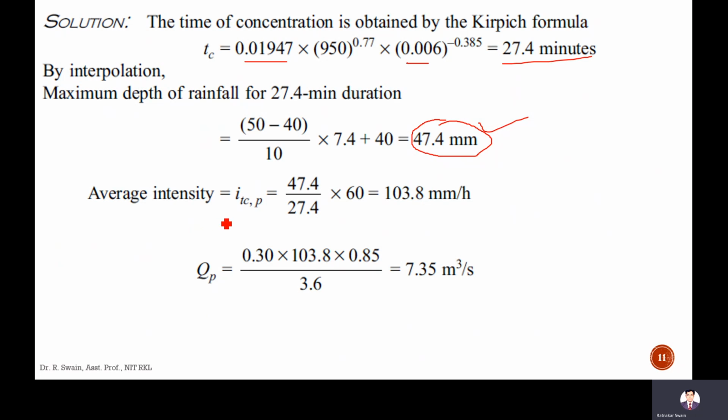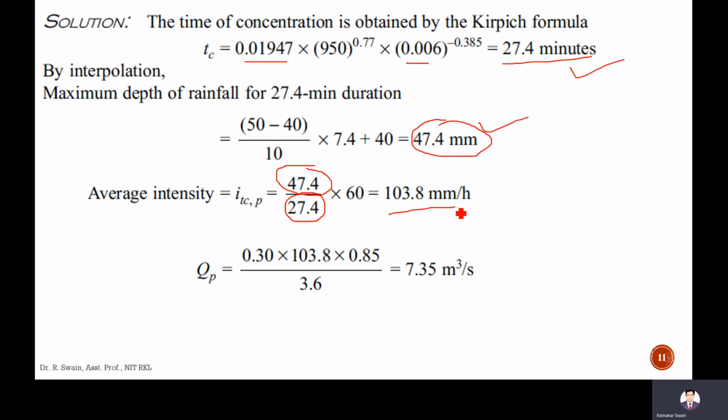So average intensity is the depth per duration. Depth is 47.4 mm and duration is 27.4 minutes. Here TC is considered the time of rainfall, meaning for that TC the rainfall is occurring. That is the main assumption of this rational method.